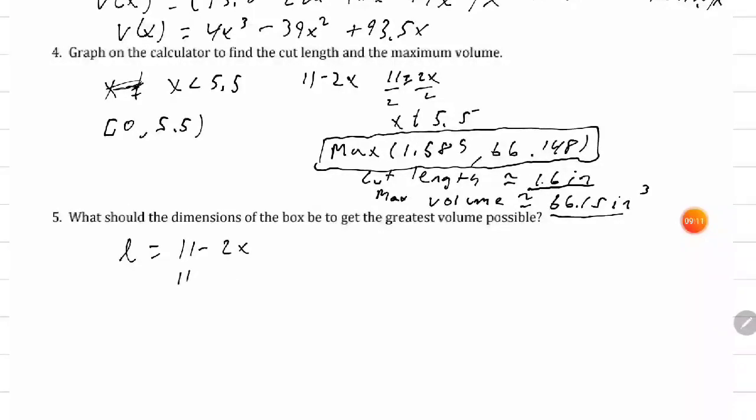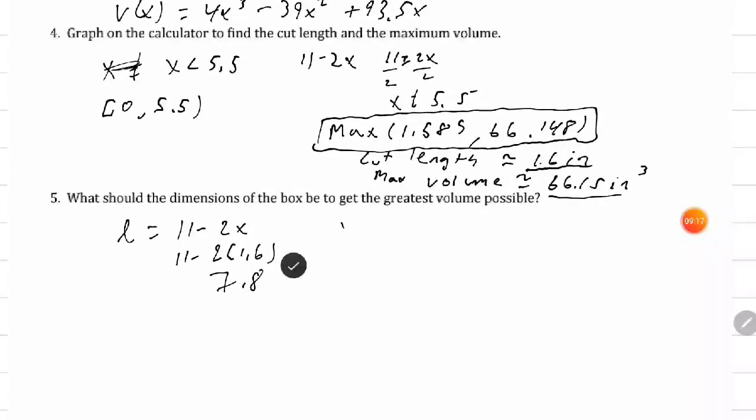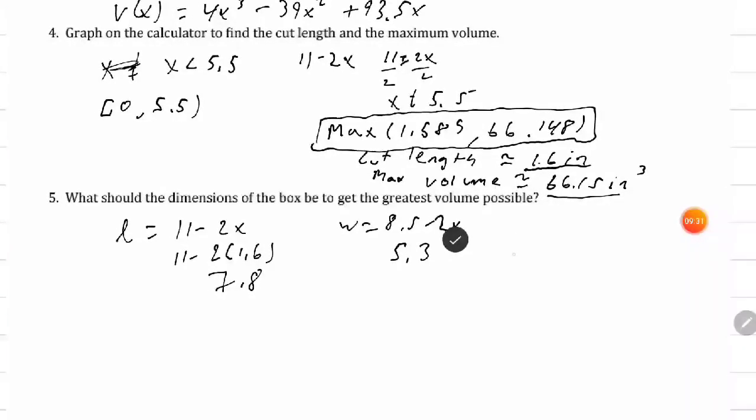So that would be 11 minus 2 times 1.6, which is 7.8. And then our width is 8.5 minus 2x, which is the 1.6. So this becomes 5.3. And then lastly, our height is the 1.6.